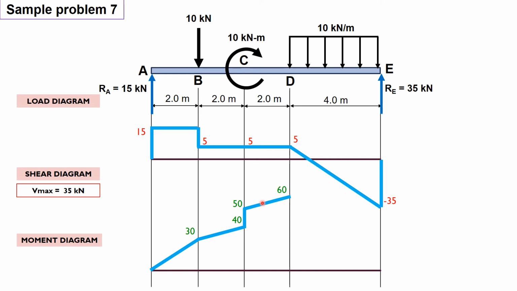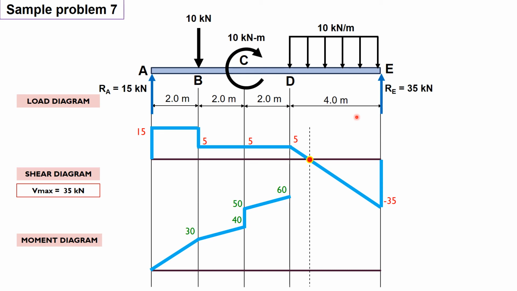So you have 60. Now, pagdating mo dito sa segment CD, you will notice that there is point of 0 shear dito. And possible na tumapat dyan yung maximum value ng moment. So we need to locate that.